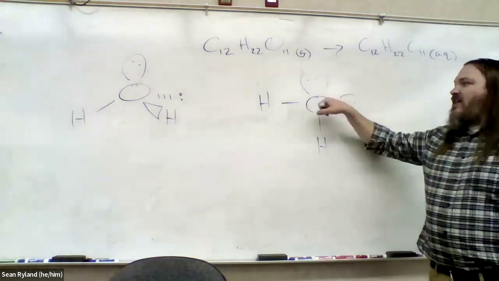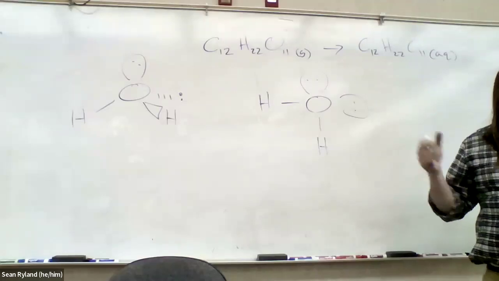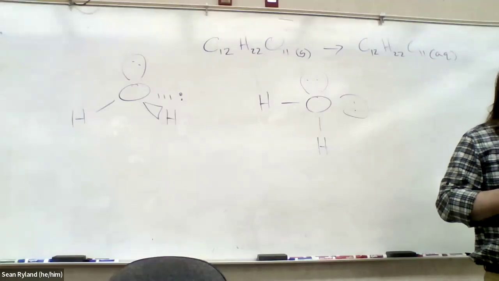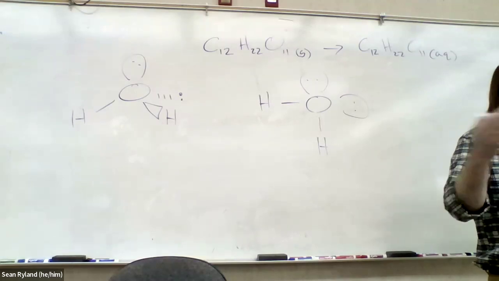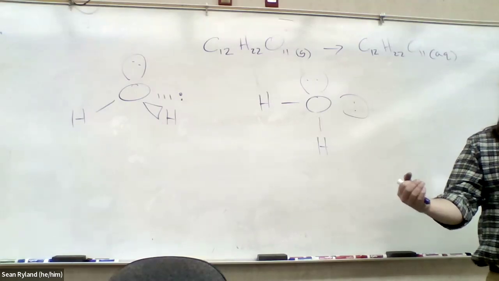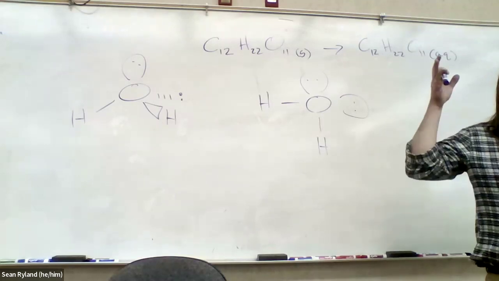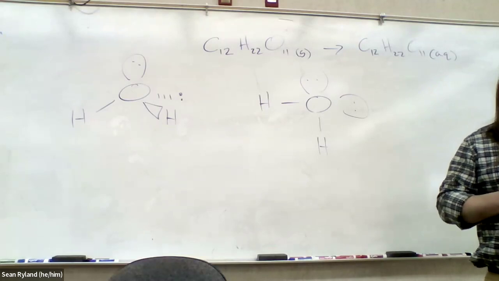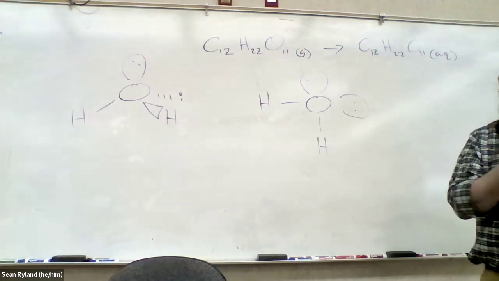We don't say it's a full -1 charge on the oxygen, but it's got like a quarter of a charge. You can't have a quarter of an electron, but if you go back to the sharing blankets analogy, you can have a quarter of a blanket, right? Even though you have an integer number of blankets, you personally only have a quarter of a blanket, right?